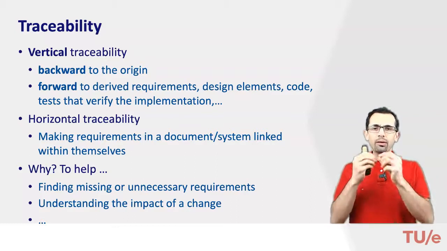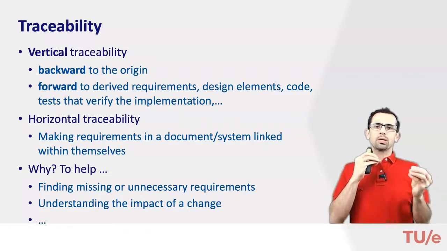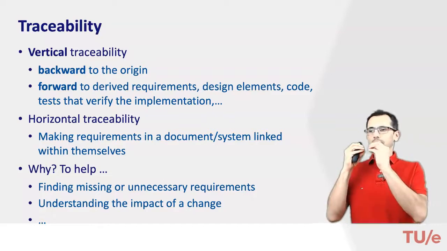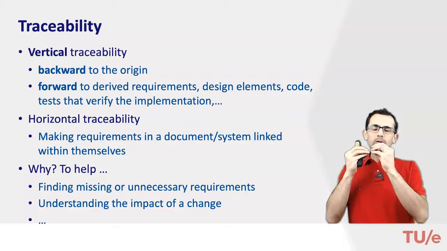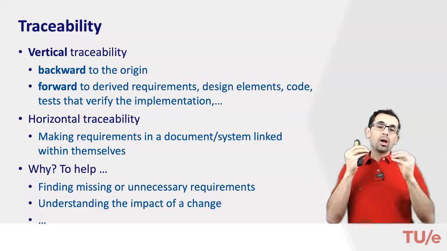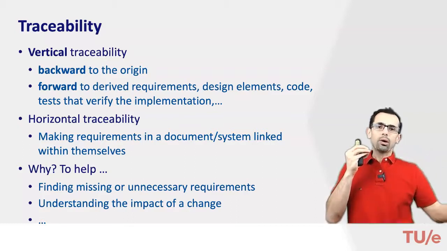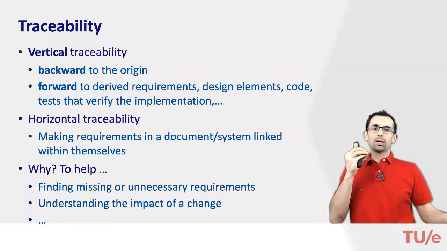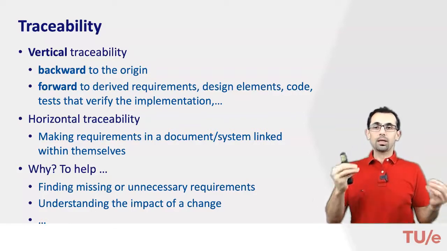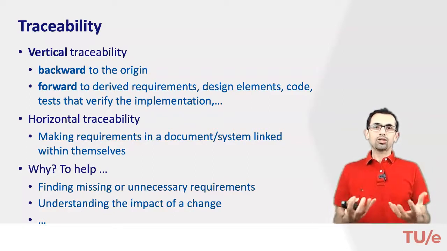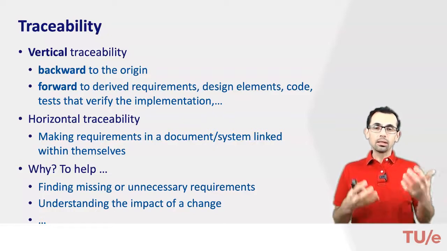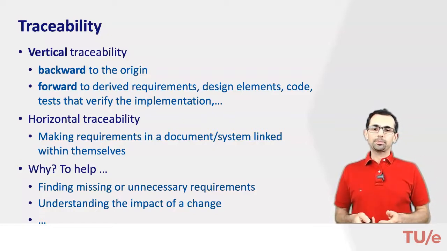If you have traceability between requirements, you'll be able to know, if you change something here, which other requirements are likely to change because of this change as well. That is also one of the ways to handle change and still be consistent.